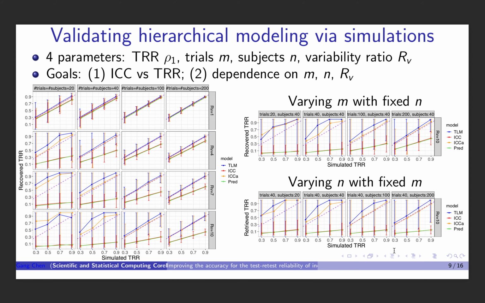With the new framework that characterizes the hierarchical structure of the data, we now want to perform some simulations to validate the theoretical derivations. We also want to gain some insights about the comparison between traditional ICC and test-retest reliability, and about the dependence on parameters such as trial and subject sample size and the cross-trial variability.